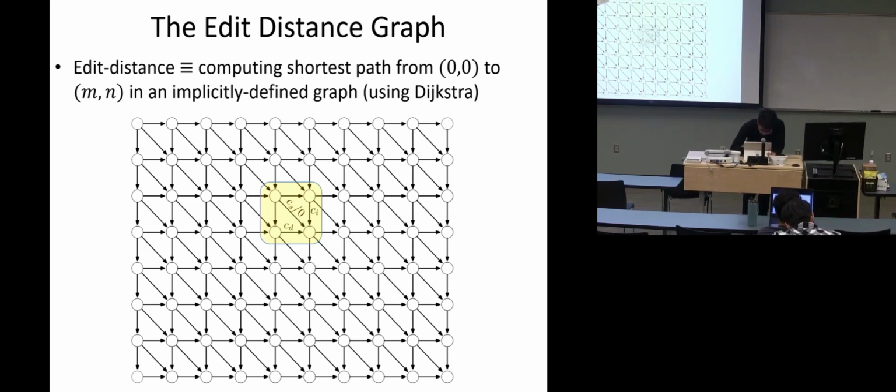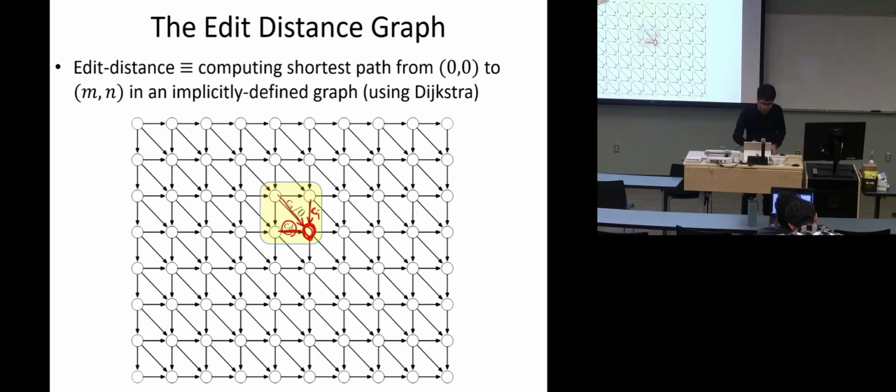For example, the weight here is just CI, the weight on the horizontal edge is CD, and the diagonal edge will have weight either 0 or CS, depending on whether the characters at that index from the two strings are the same or not.